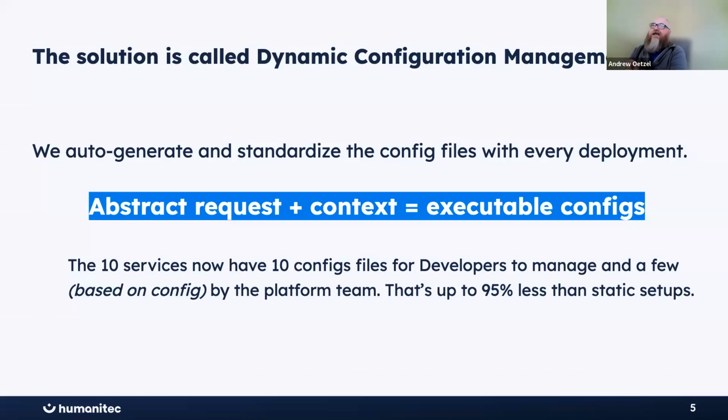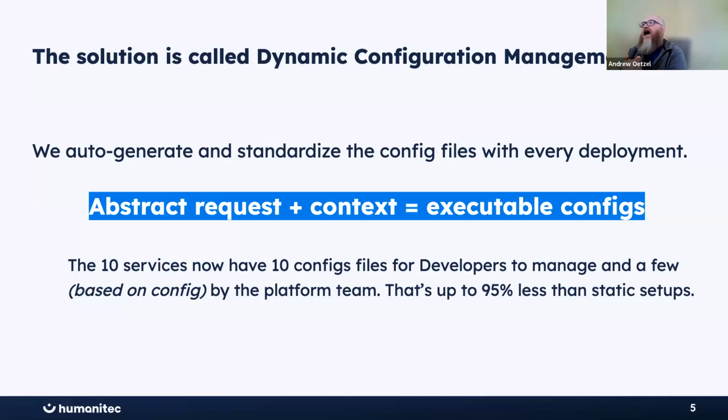So Humanitec is going to say, oh okay, the web front end needs a DNS entry. So here's the executable config for Route 53 to set up the DNS entry. Oh, it also needs an S3 bucket. So here's the Terraform script that's going to run to generate the S3 bucket, so that the workload can then connect and use that S3 bucket.